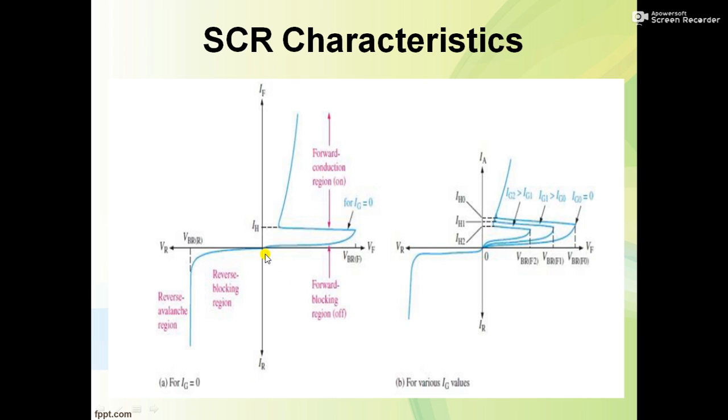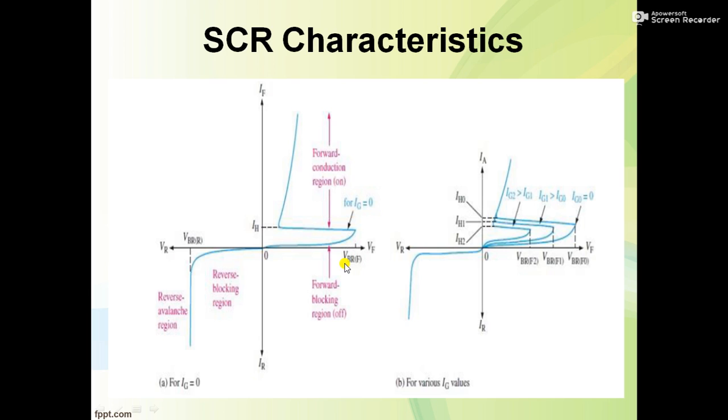Initially, at this level both forward voltage and forward current are zero. As the forward voltage increases, a very small amount of forward current also increases up to a certain level, up to this VBR point.